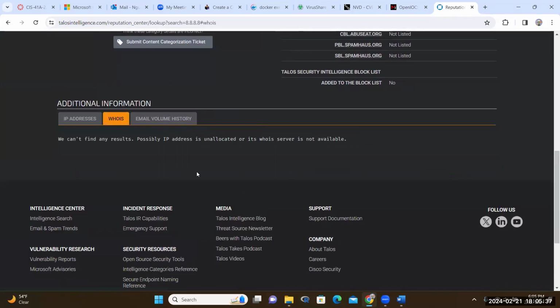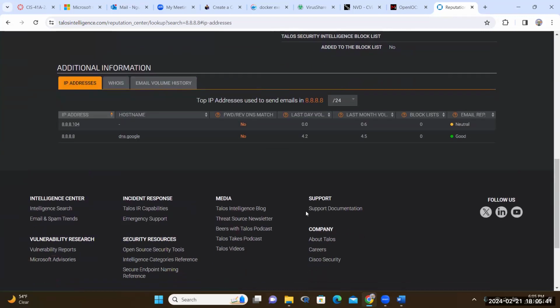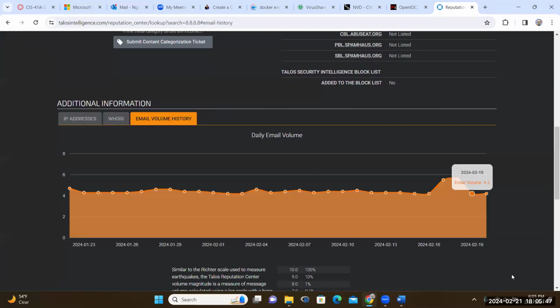There's a WHOIS tab. I don't think this mechanism works too well on the website. And then the email volume history. Now it doesn't necessarily include, since it's for google.com, related child domains, subdomains, and the exchange server for that.